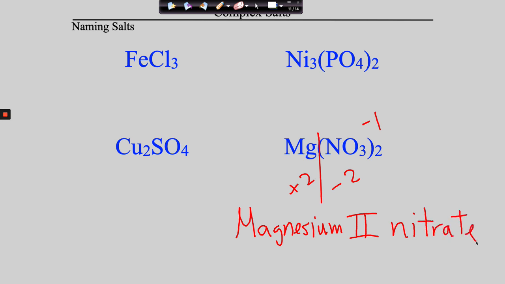And again, the idea is that each one of those is -1 times 2 is -2 plus 2, magnesium 2 nitrate. You guys good? It's completely wrong.